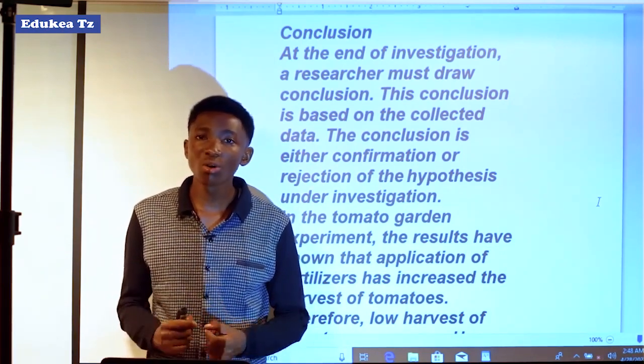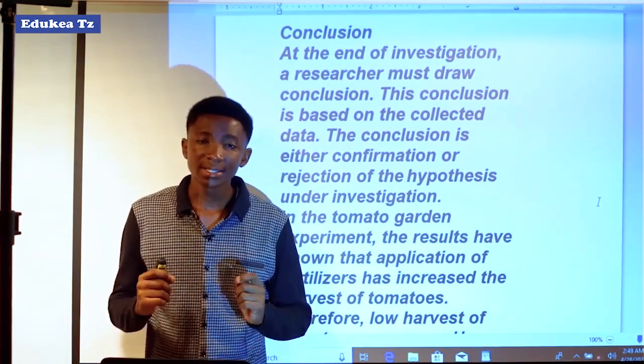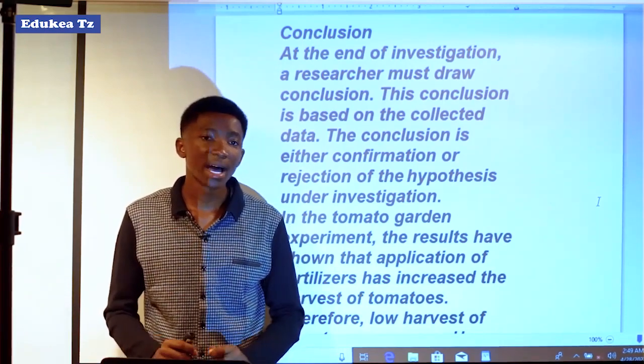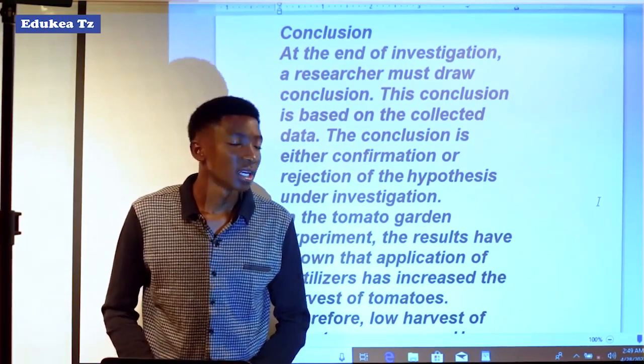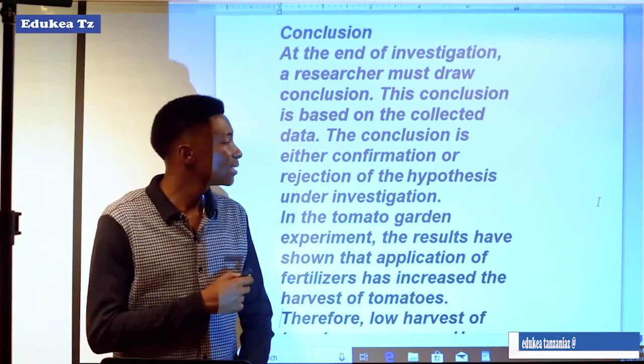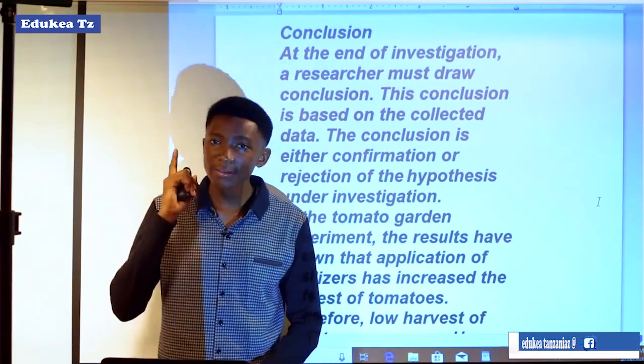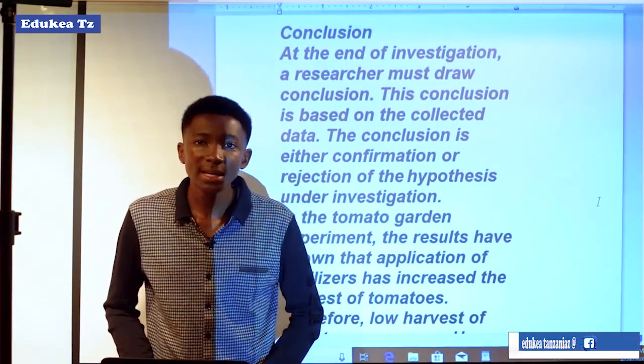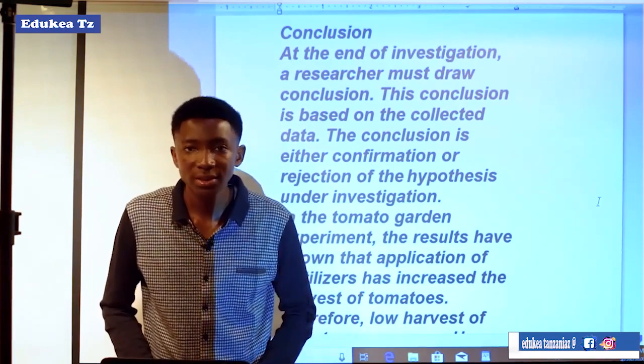That assumption is taken so as to do the experiment. So the conclusion shows whether that hypothesis was real and reliable or not reliable.